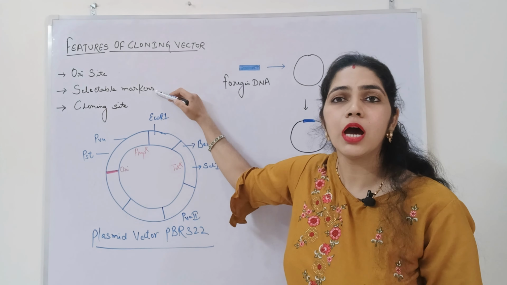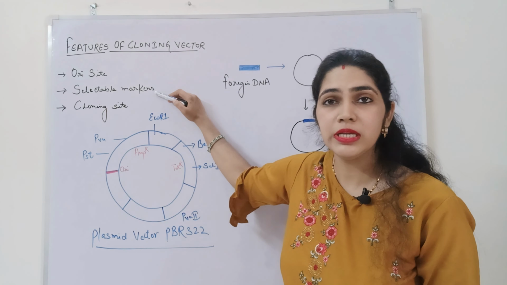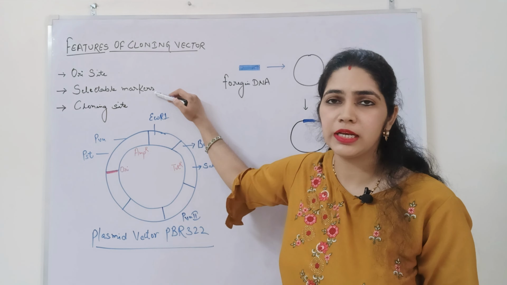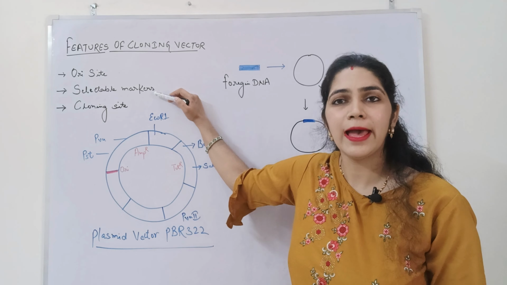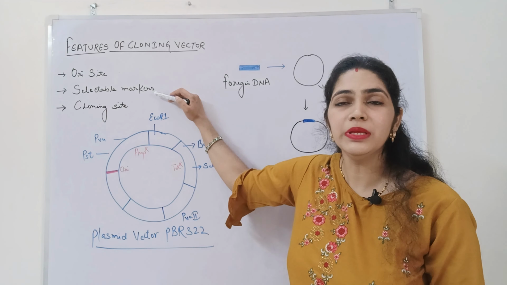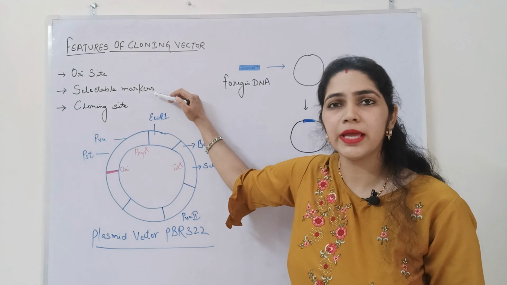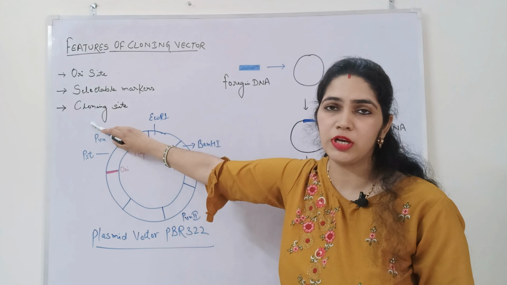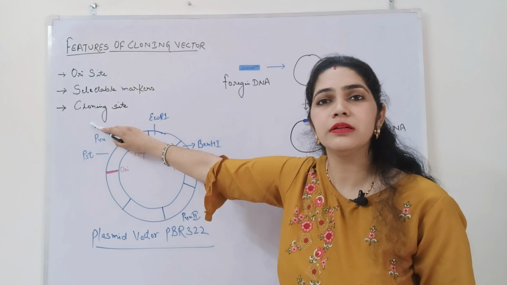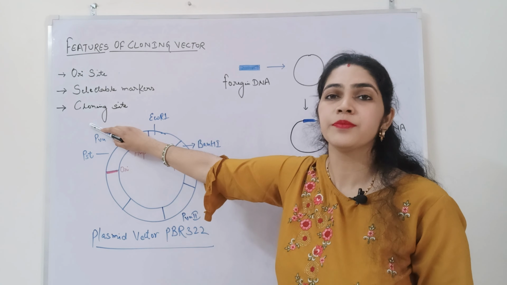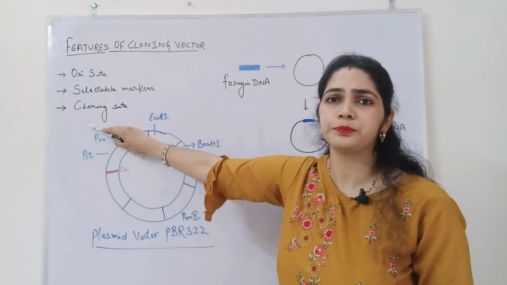Selectable markers are those genes, or you can say sequences of DNA, whose expression will help us to identify the transformant from the non-transformant. And cloning sites are those sequences of DNA molecule where our gene of interest is inserted in the cloning vector.